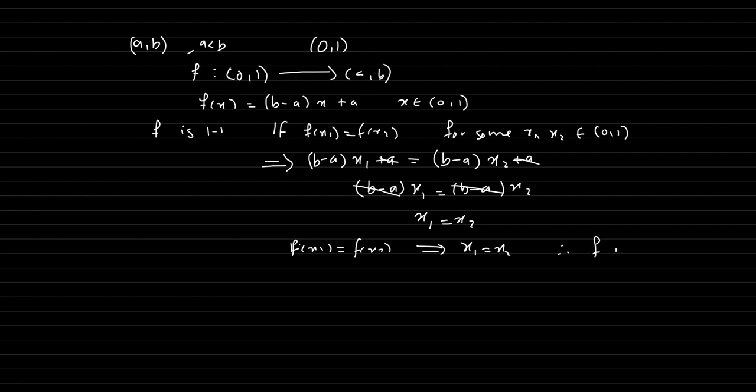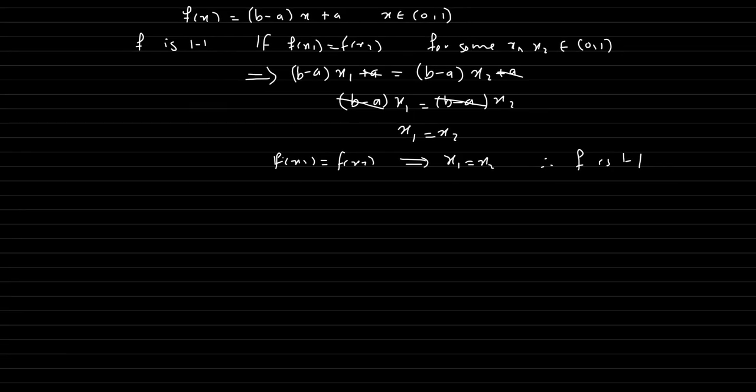Therefore, f is 1-1. Now we need to prove that this function is onto. For that, consider a point y from the open interval (a, b), and if there exists an x in (0, 1) such that f of x is equal to y, then it implies (b minus a) times x plus a is equal to y.